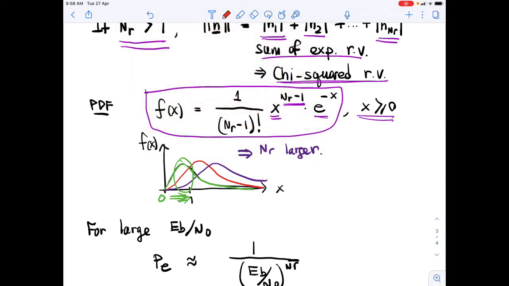Now, if nr is bigger, the PDF is shifted to the right. And if nr is very big, it's going to shift even more to the right. So that means it's going to produce numbers that are away from 1, even bigger than 1. So that's good. That's why when we have multiple receive antennas, our performance is better.